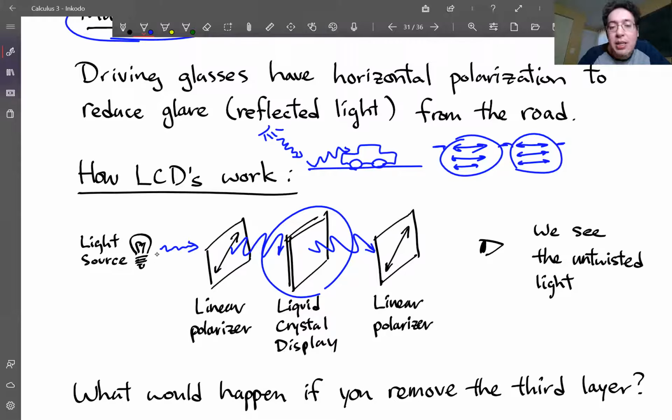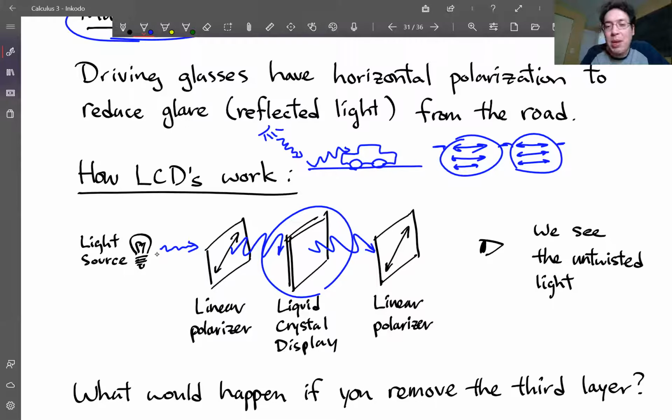And there's another layer of polarizer in the front of the screen. So if the light gets twisted in such a way that it's perpendicular to the linear polarizer in the front, then it gets blocked and it appears black or dark, right?